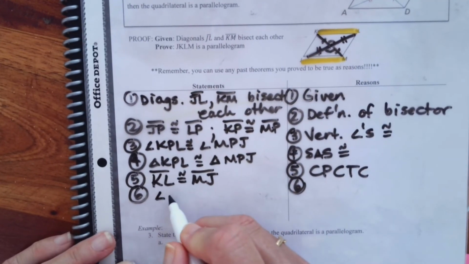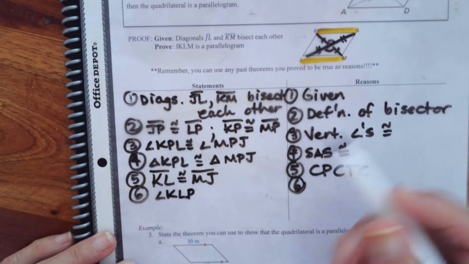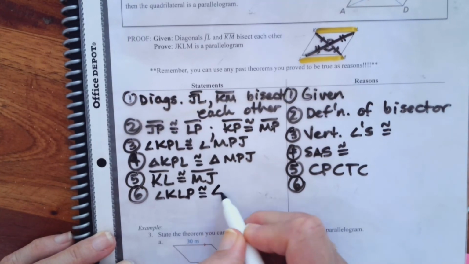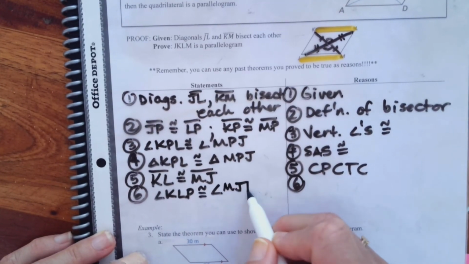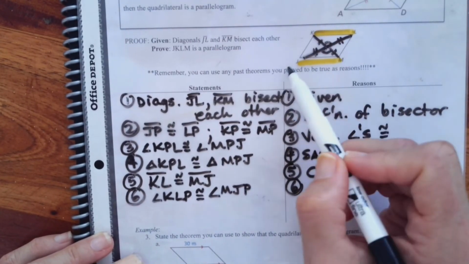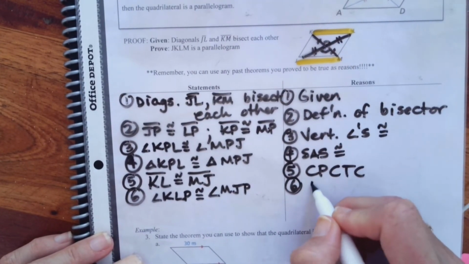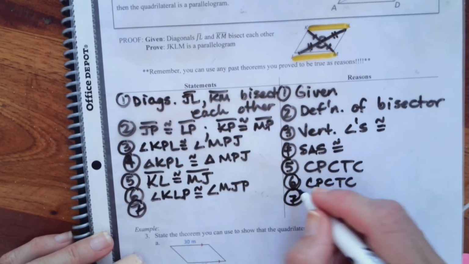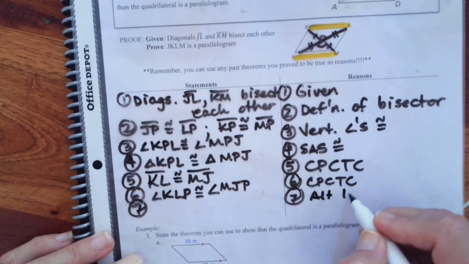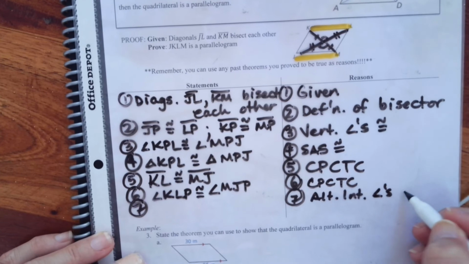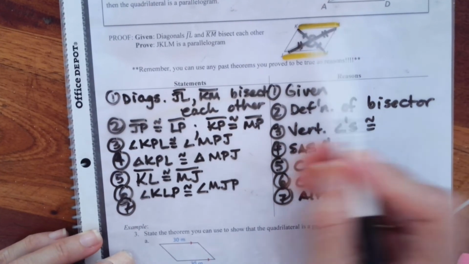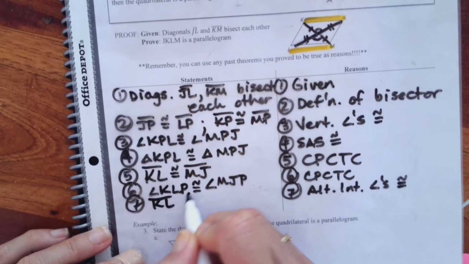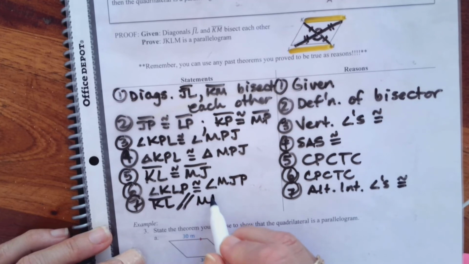Okay, so angle KLP, it's going to be up here, is congruent to angle MJP, so KLP, MJP, also by corresponding parts. And if that's the case, then I have alternate interior angles. Because I know that these are, and that gives me parallel. So KL is parallel to MJ.